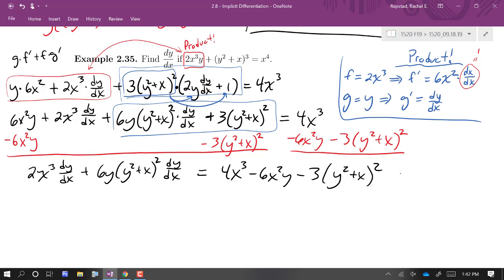All the terms on the left side have a dy dx. So we can factor out the dy dx.